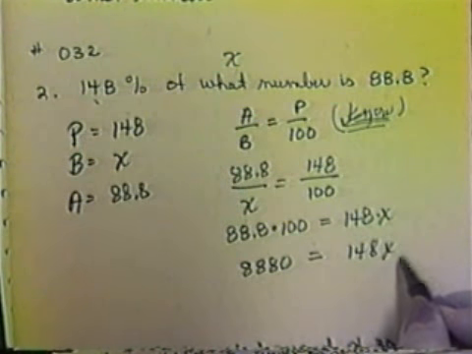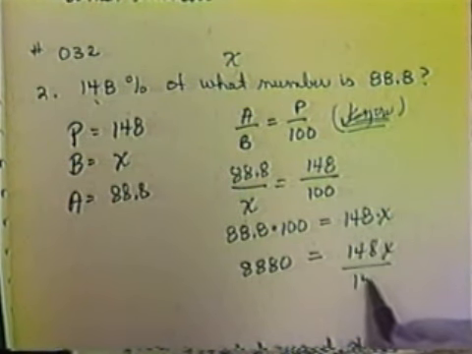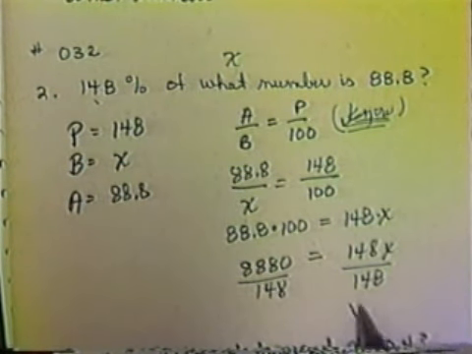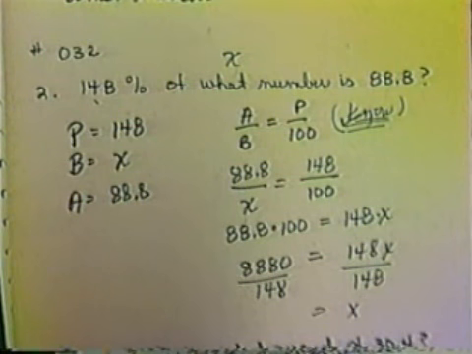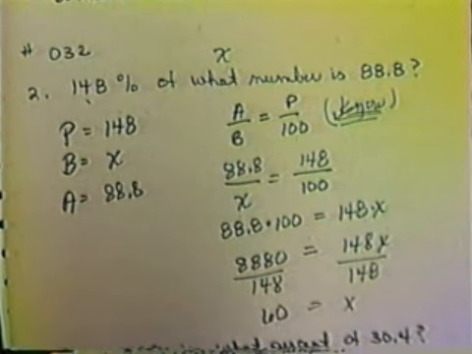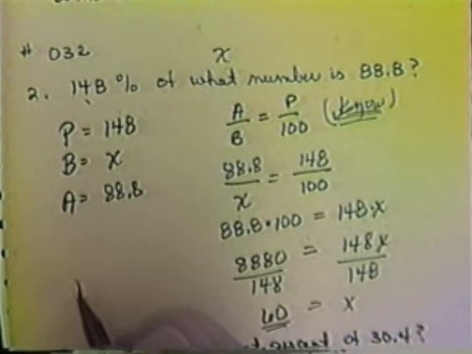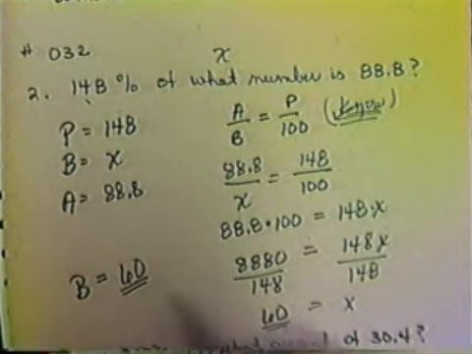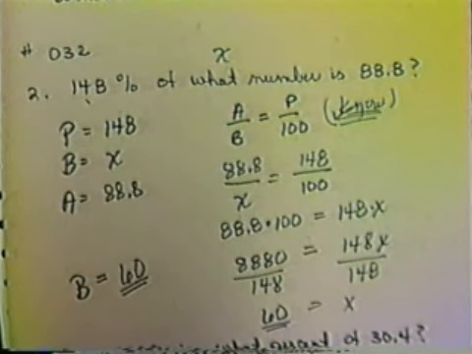To solve for x, we want to divide both sides by 148. And x is going to turn out to be whatever you get when you divide 8,880 by 148. And we end up with 60. So the base, or our unknown, is 60. That's what we were looking for.